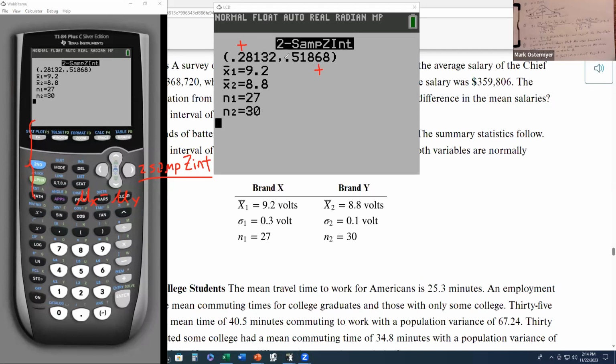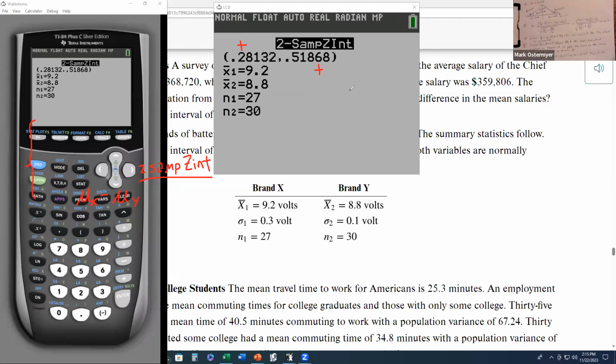Is zero in between these endpoints? No. Nope, zero's not in there. Because zero's not in there, that would indicate that the difference in the mean voltages of these two different batteries is not equal to zero. Meaning there is a difference.